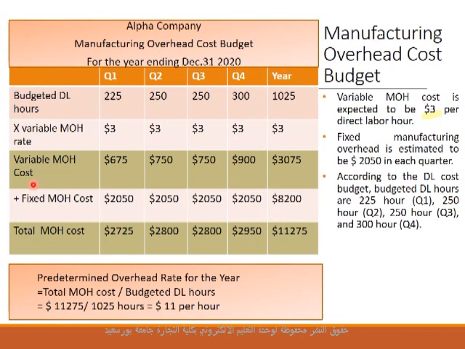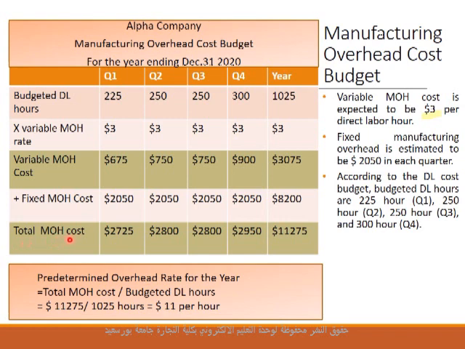Variable manufacturing overhead cost is $675 in the first quarter, $750 in the second quarter, $750 in the third quarter, and $900 in the last quarter. Then fixed manufacturing overhead cost should be added, $2,050 in each quarter, to obtain total manufacturing overhead cost.